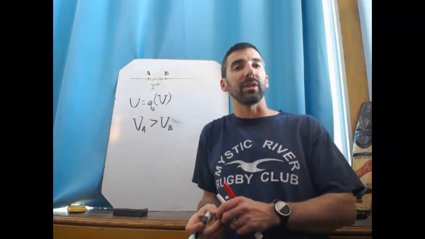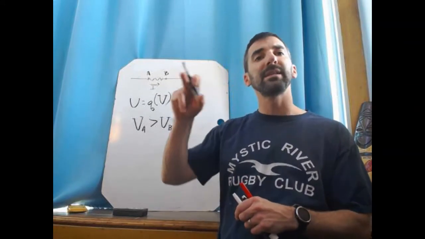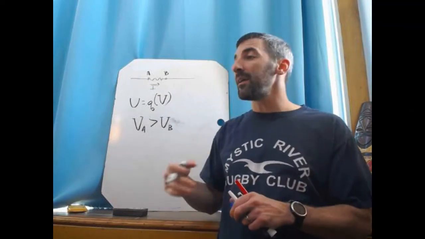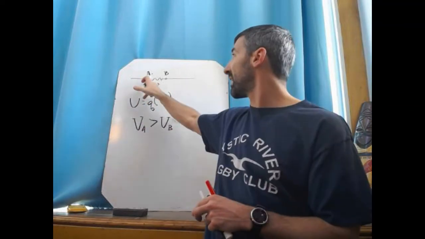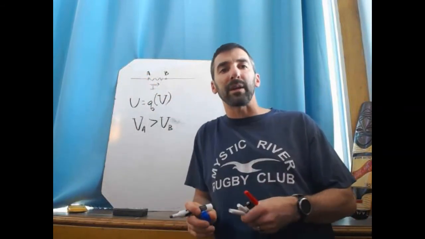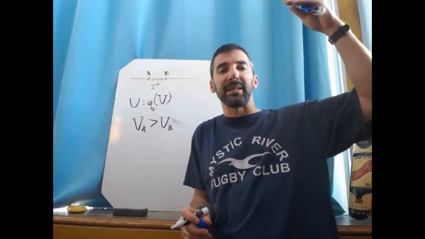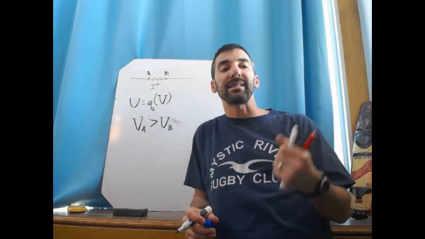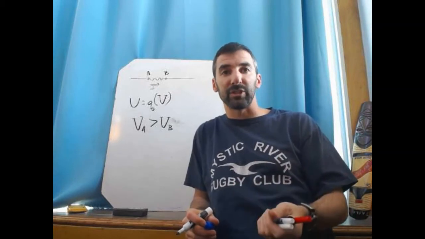bigger than my potential energy at B, which means as charge carriers traverse a circuit, if they are going from a high potential to a low potential, language is very important here. As they travel from a higher potential to a lower electric potential, they would have less and less and less potential energy.